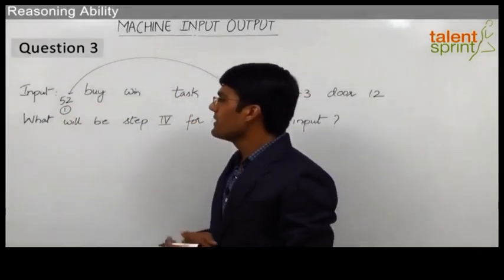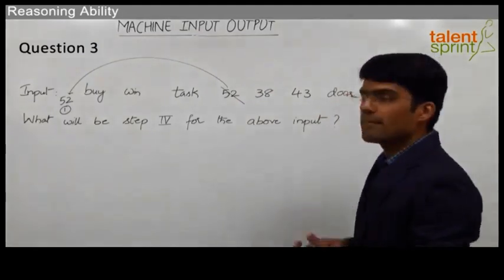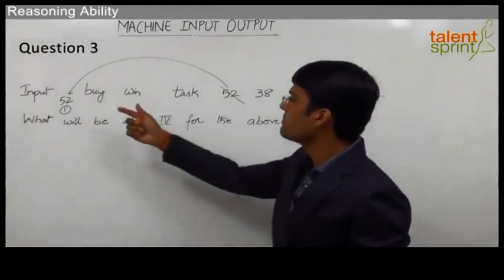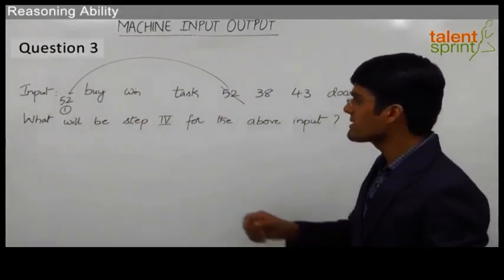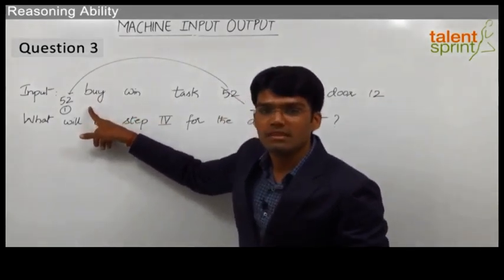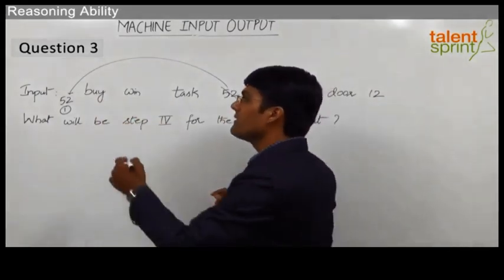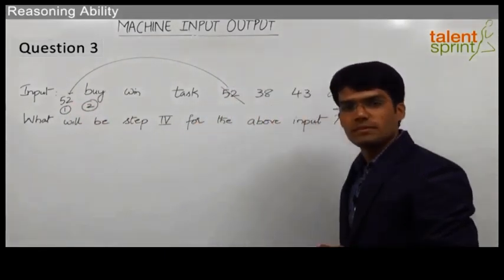So after 52, we need a word, and that word should be the one which comes first in alphabetical order. So among the words by, when, task and door, the word which is first in alphabetical order is by, and that is already in the second position. So we need not disturb by, but we can indicate that this is going to be the second position.